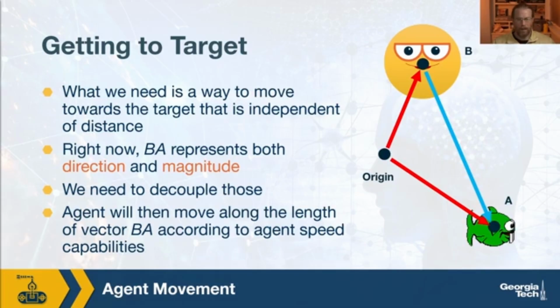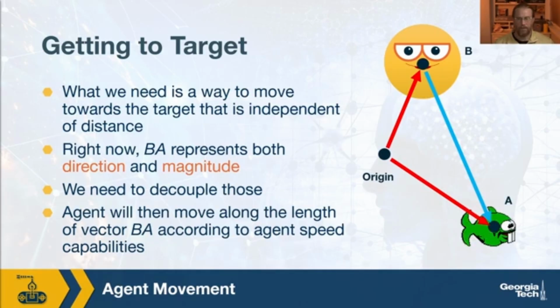So the strategy to improve our approach, rather than going halfway down the vector BA, is to decouple the direction aspect of BA from the length.